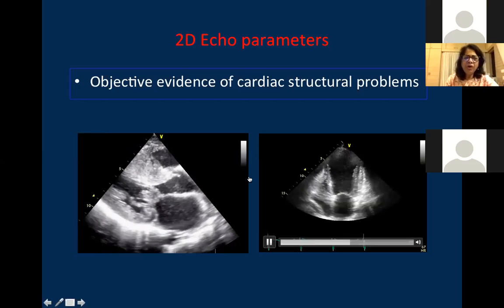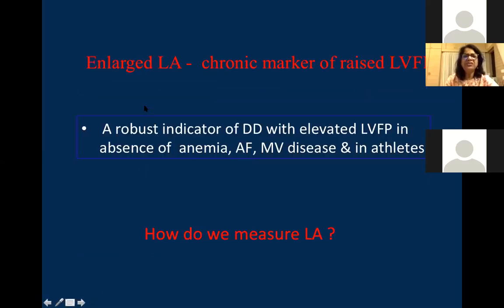Now, out of all these two-dimensional echocardiographic parameters, an important two-dimensional parameter is the enlarged left atrium, which we must remember because it is the robust indicator of diastolic dysfunction with elevated LV filling pressure. It is a chronic marker of raised LV filling pressure.